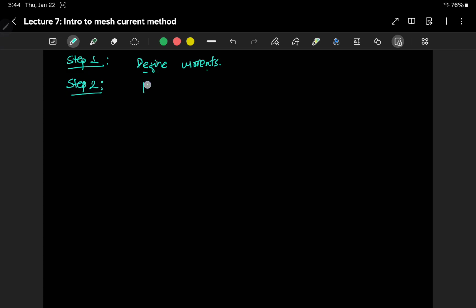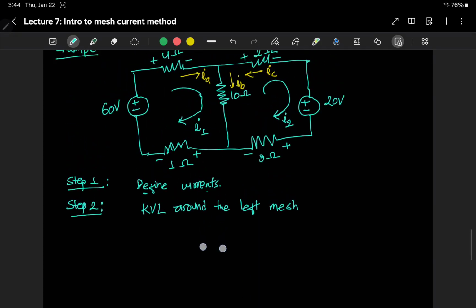So let's start with the KVL around the left mesh. On the left mesh, if we follow this direction, we have minus 60 because we are going up in the clockwise direction, from negative terminal to positive, and we have 4 times I1. Then we have the 10 ohm resistor.